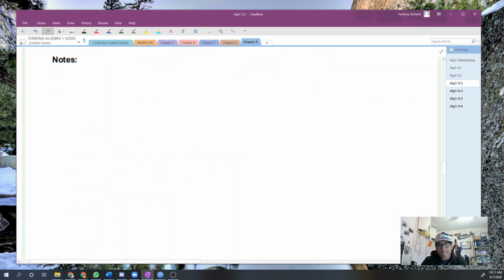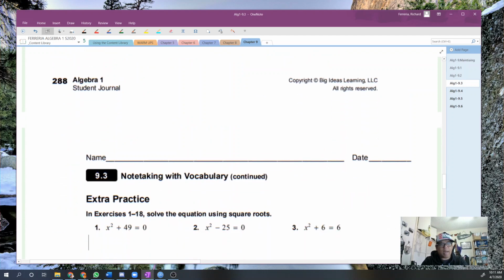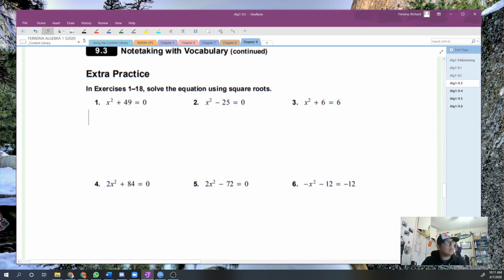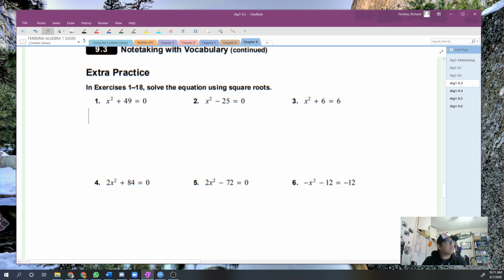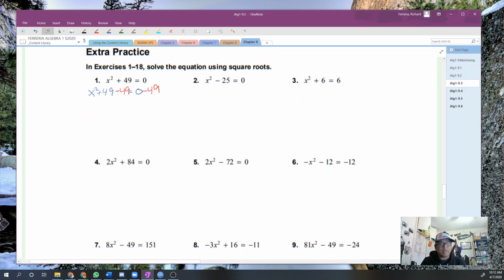Okay, moving on down to the extra practice. We're going to look at number 1. Number 1 tells us x squared plus 49 equals 0. So the first thing that you want to do to solve this is subtract 49 from both sides. There we go. We've subtracted 49 from both sides, and we get x squared equals negative 49.